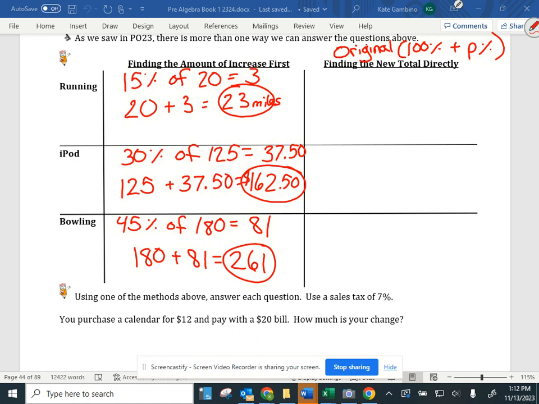If we look at running, what was our original amount of miles? Claire? 20 miles. We're going to multiply that by 100% plus what is our increase? 15%. So we would do 20 times 115%. If we do 20 times 115%, what do we get?